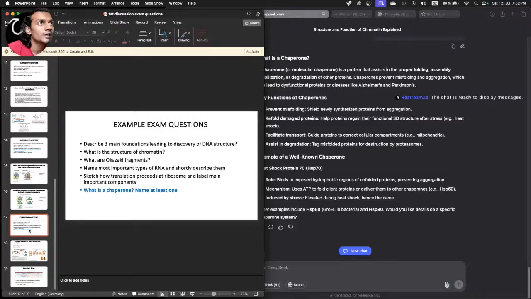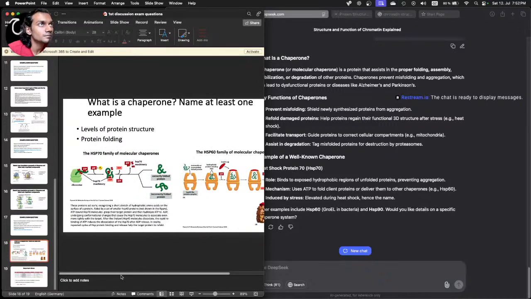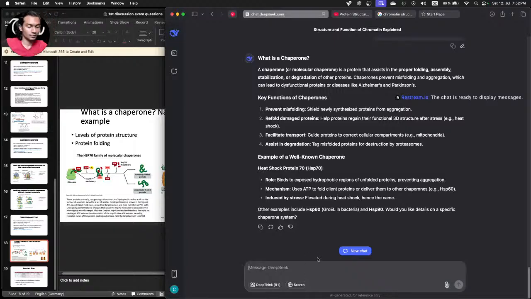These chaperones are also made by the stuff we talked about earlier, like transcription.